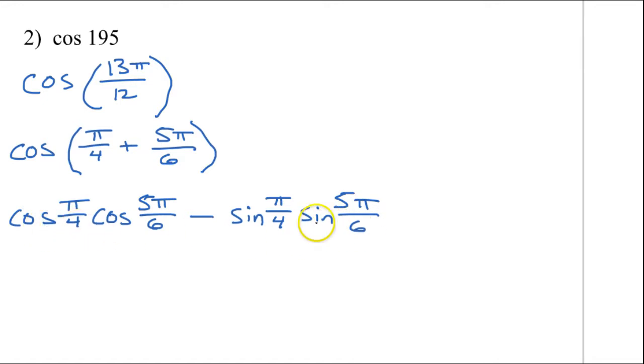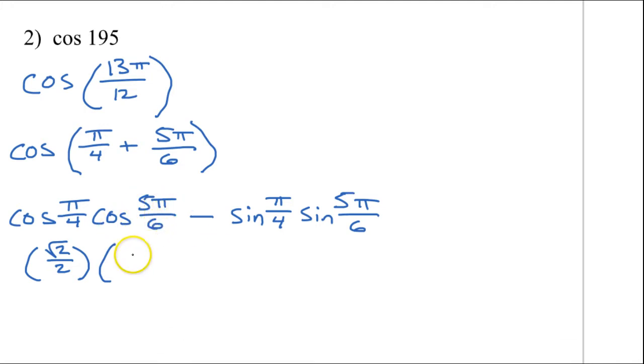So let's just evaluate each one of these in turn. Cosine pi over 4. We have memorized that that is radical 2 over 2. What about cosine of 5 pi over 6? Well, forget about the 5 for a second. What's the cosine of pi over 6?